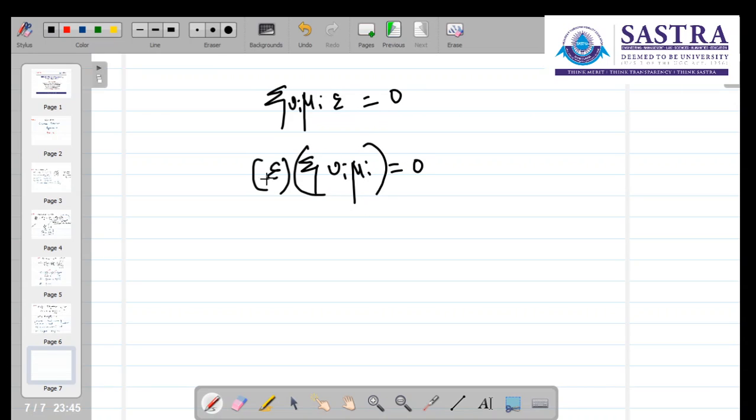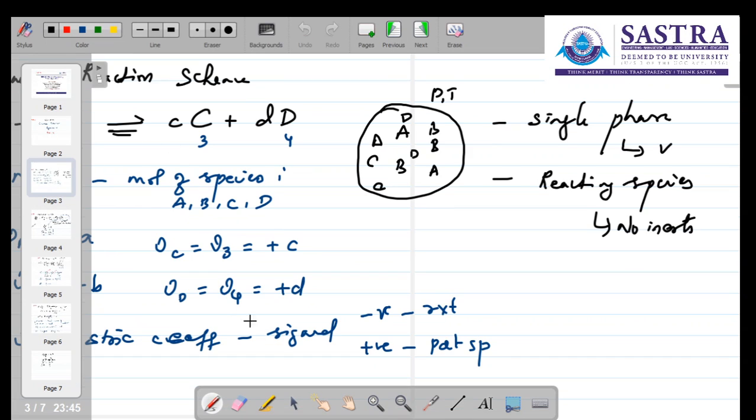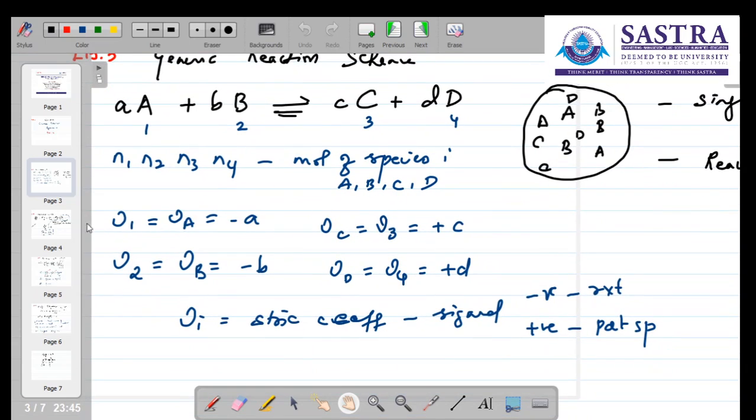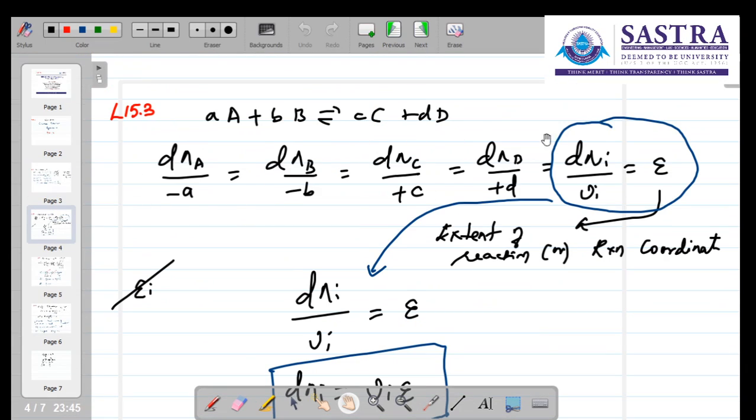If you take this as a product of two quantities, this is a finite quantity, so the only case is that this has to be 0 to make sure the product of these two terms becomes 0. We took this term out because it is constant for all the components, so there is no component index over here. For every component that takes part in the reaction, we know that this is constant, so for all the components it is going to be the same value.